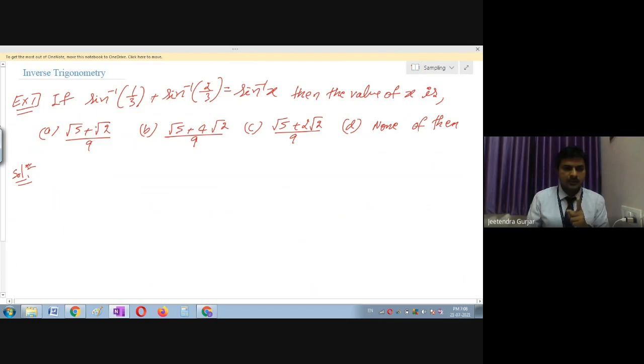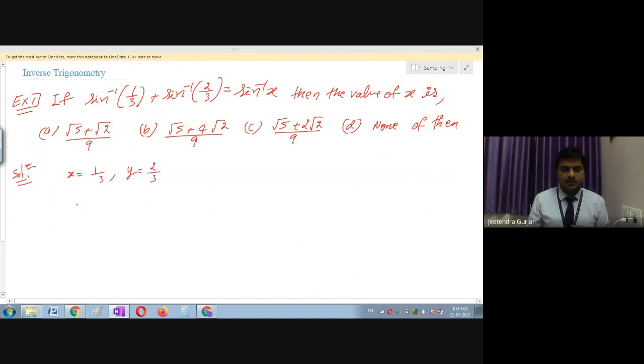Yes, friends, first you take only the question, then use the formula: sine inverse x plus sine inverse y. You have to remember the formula. Here x is 1 upon 3, so take x is equal to 1 upon 3, y is equal to 2 upon 3.